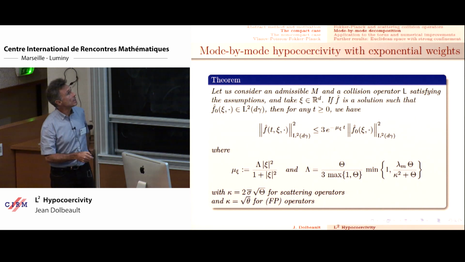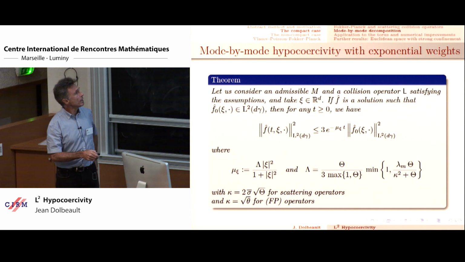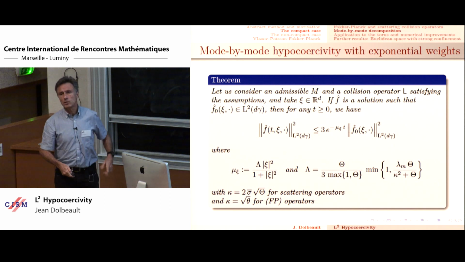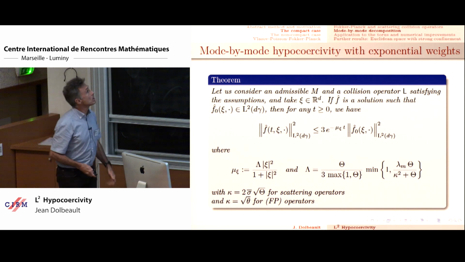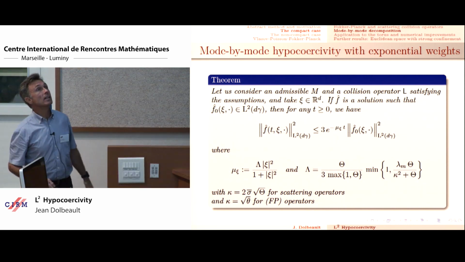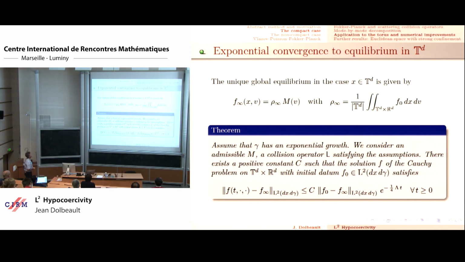There is an exponential decay with a rate that is explicitly computed in terms of the quantities which were on the previous slide. Sorry, I'm a bit fast because I have plenty of things to say, and I shouldn't be too long. Okay, so first application, which is completely trivial, is that if you use Parseval formula or Plancherel formula, well, here you're in the torus, so you just sum the discrete modes.